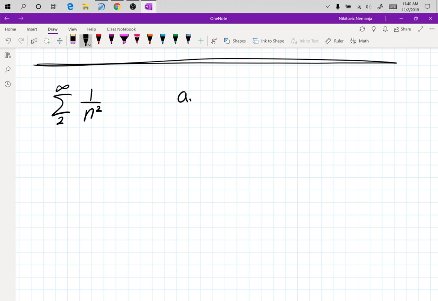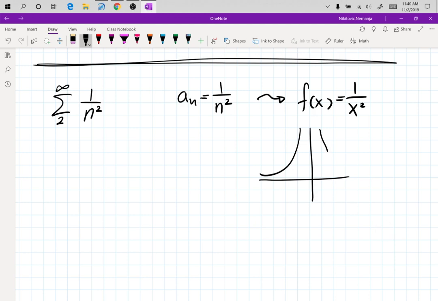So we have a_n is 1 over n squared. That transfers into f of x equals 1 over x squared. And we are looking at the graph, from 2 to infinity.